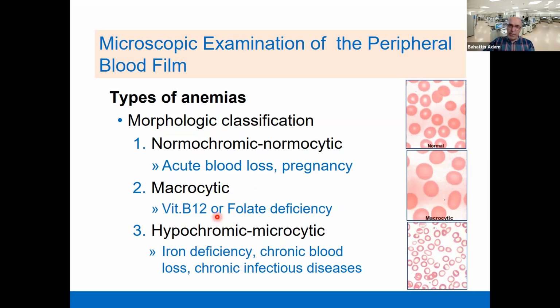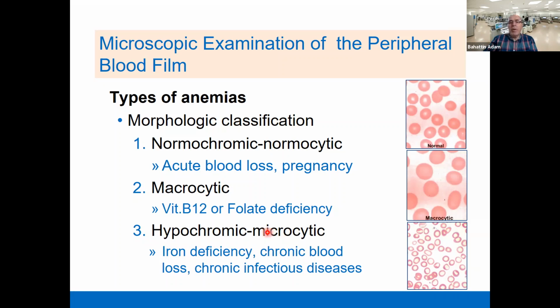You also have to differentiate between deficiency of vitamin B12 and folate. This is also important. But if you have this type of anemia, the cause most probably will be vitamin deficiency.